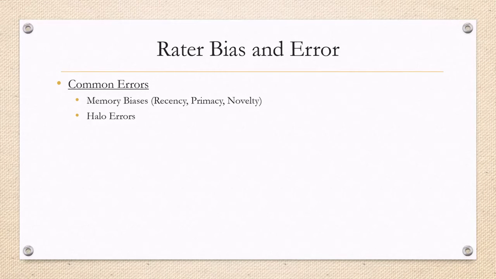So for example, if a rater sees a particular employee as being very good with customer service, that rater may also generalize that behavior to other aspects of the employee's performance. So what we find is that the rater gives similar ratings across all dimensions of performance for any one individual.